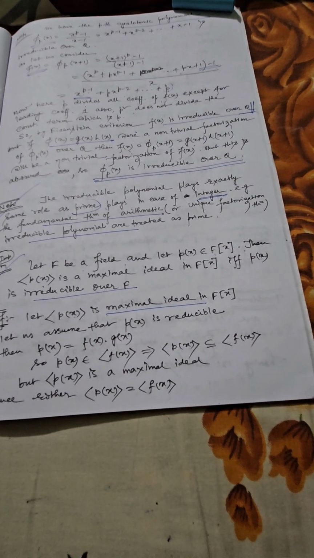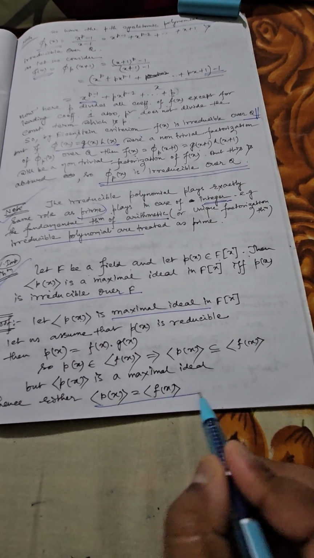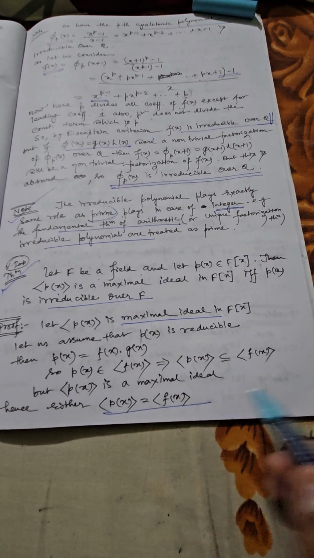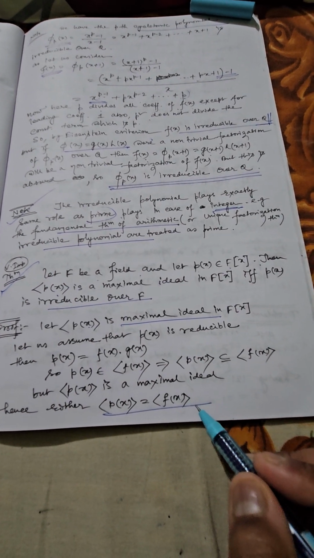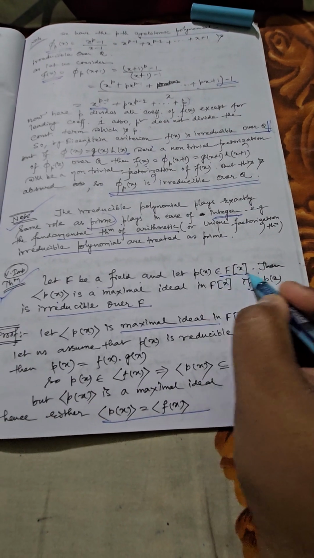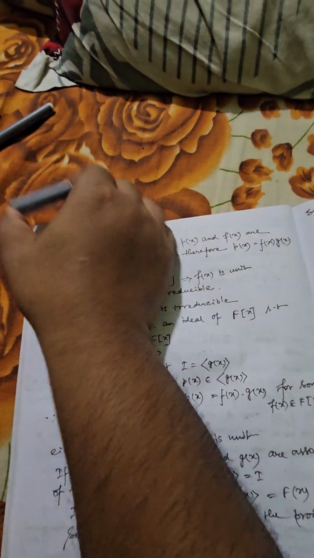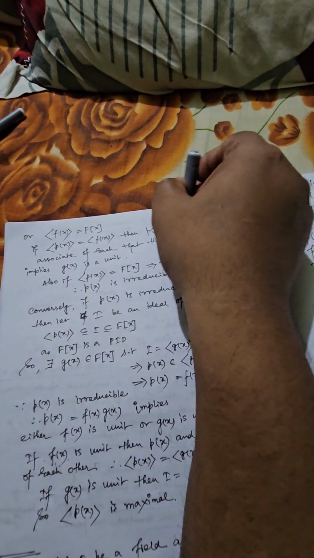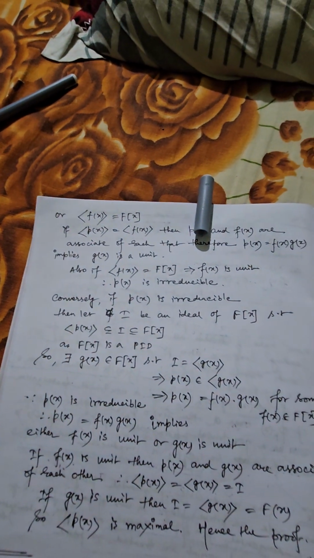So only one possibility is there: either the ideal generated by p(x) is itself equal to the ideal generated by f(x), or otherwise it is the largest possible structure, that is, F[x] itself. You can see in the next page I have written the same thing: F[x] is equal to the ideal generated by f(x).